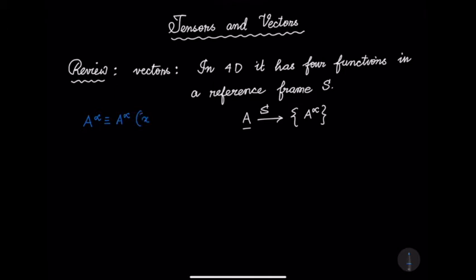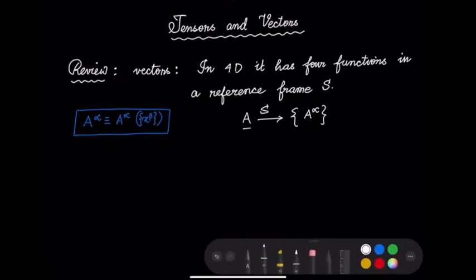So let me just write it this way. So it can be function of the coordinates. So that is how we defined, or not necessarily defined, that is what we called a vector. So every point, these 4 components can have different values.